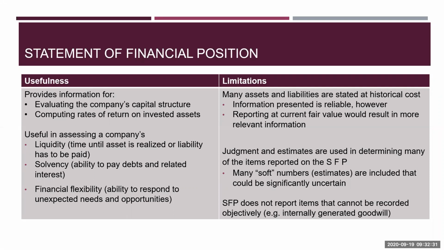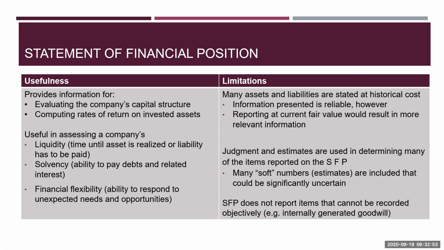How is their rate of return on the assets that they have purchased? This information can be used for checking the short-term ability of the company to pay, which is the liquidity, and the long-term ability of the company to pay the maturing debt, which is the solvency. Solvency is looking at the longer-term time horizon.